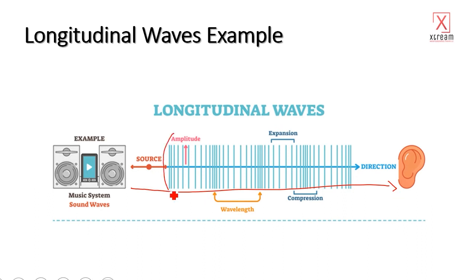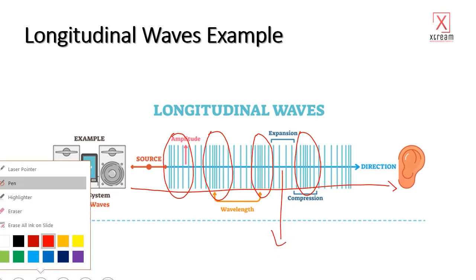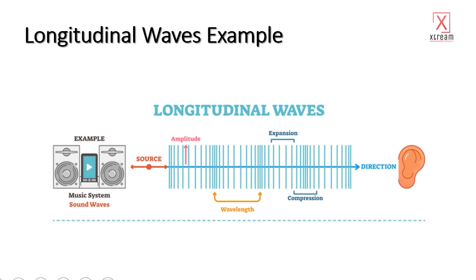You can see that in some parts of the wave we have closed particles like these ones. This is called the compression part, and where the particles of the wave are separated and have a longer distance compared to the compressed ones, this is called the expansion or the rarefaction part of the longitudinal wave.